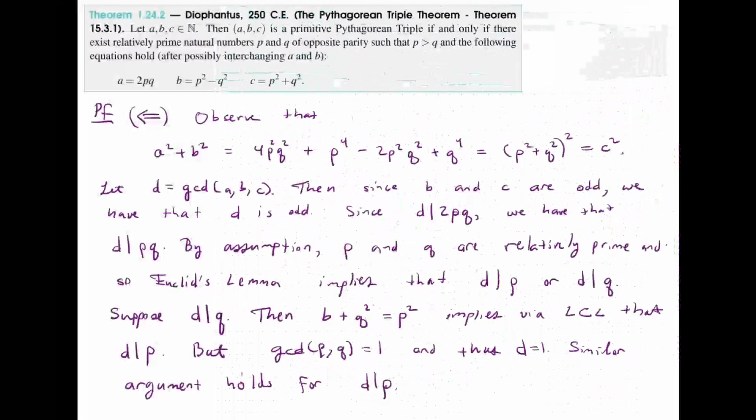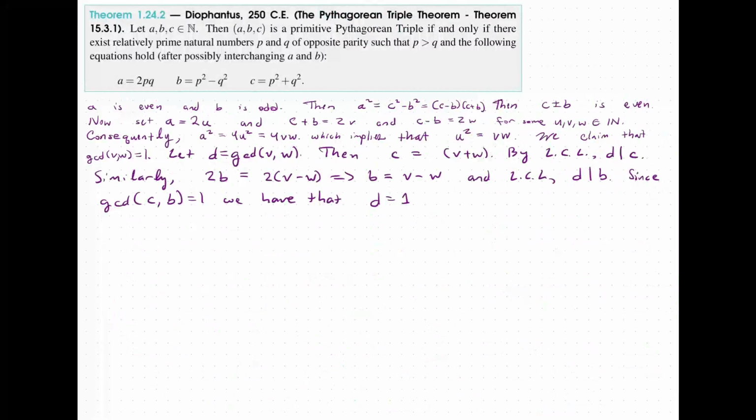So by lemma 1.2.4.1, there exist natural numbers, and let's go ahead and call those natural numbers p and q, such that v is equal to p squared and w is equal to q squared.